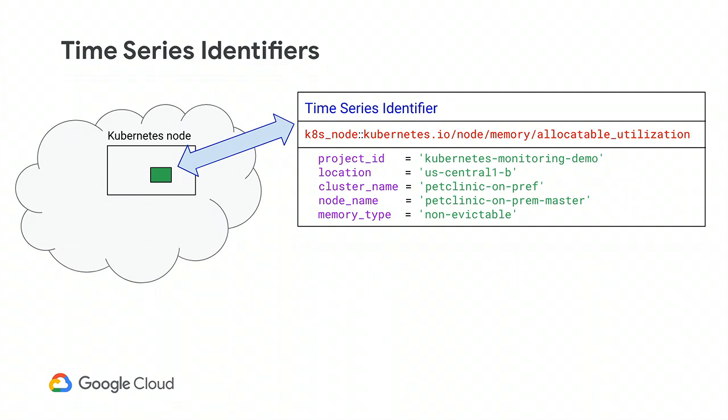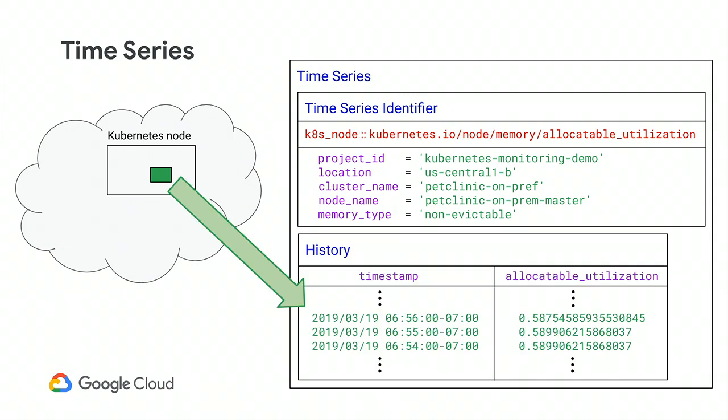Now that we have a name for a time series, we can start collecting a time series. So a time series has an identifier that uniquely identifies it and a history. The history consists of values that we've observed the metric to have and the timestamp when the observation was made.